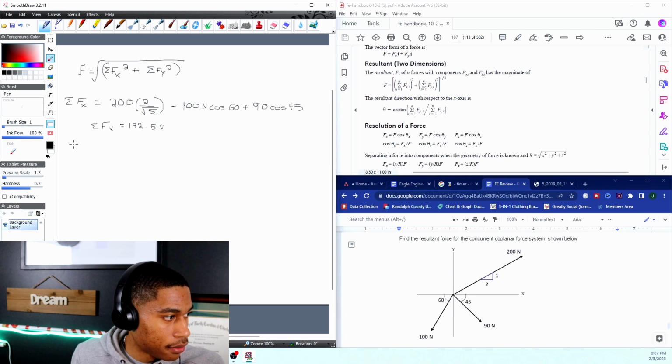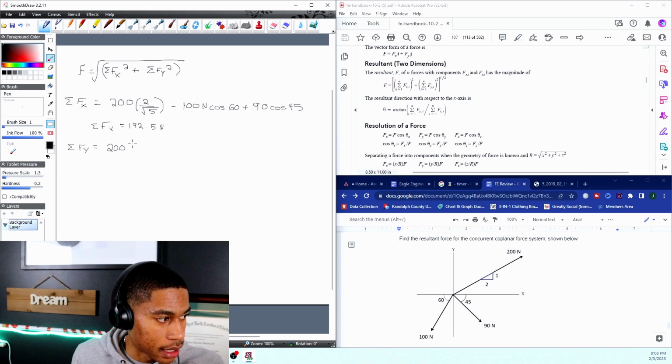The next one. The sum of the forces in the y, because we're not done yet, is equal to... okay, I'm going to do the same thing, but we're going to do it for the y's. So 200 newtons.